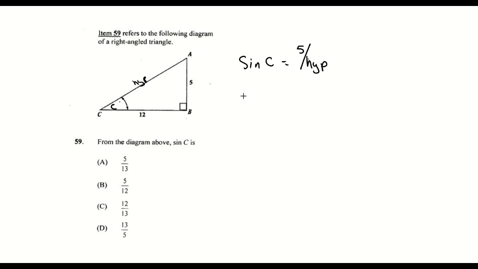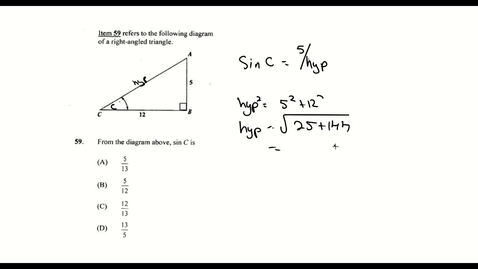Hypotenuse squared is 5 squared plus 12 squared. So hypotenuse would be the square root of 25 plus 144, which is 169. The square root of 169 is 13, so it will be 5 over 13, which is A.